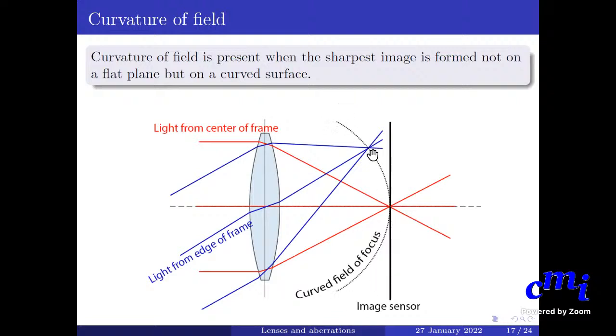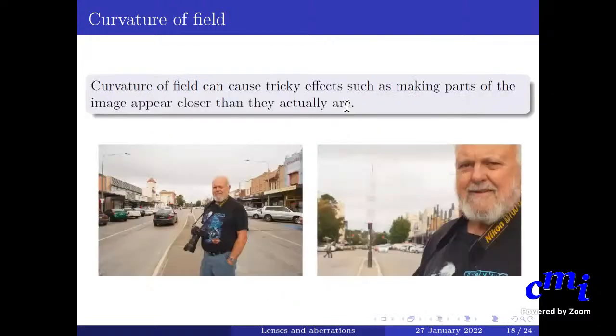And curvature of field is used nicely in artistic work, to create very interesting artifacts in images. So here is an example. In this image you can see that this pole is appearing very far, whereas in this image it appears so close. If you look only at this image, you might make some guess about this distance, whereas if you look at this image, you can see that the distance is actually quite far.